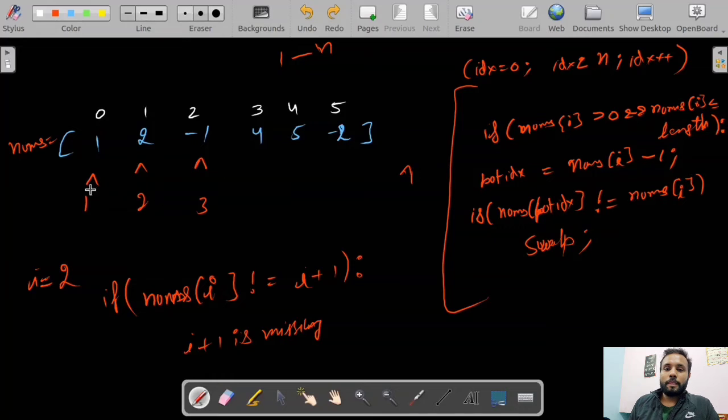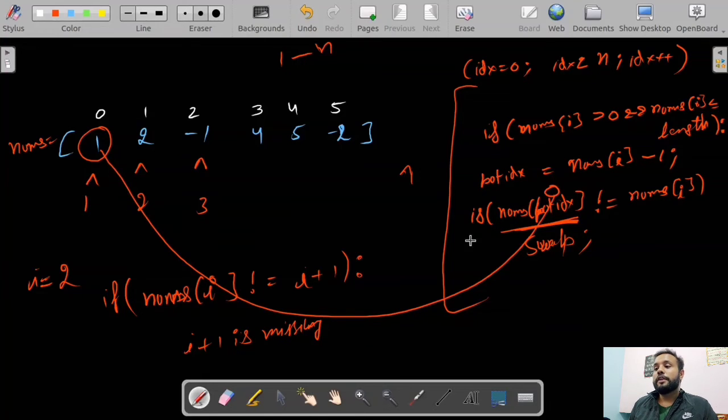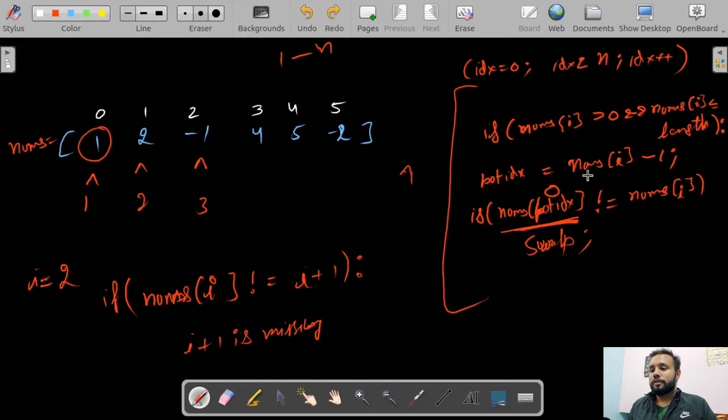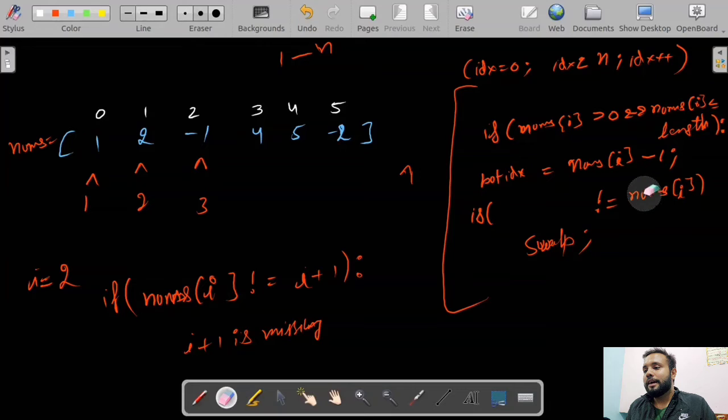We find the potential index for 1, and the potential index for 1 will be 0. So we check whether nums of potential index is not equal to nums of i, meaning we are not talking about the same number. Or we can do it much more easily: if potential index and i are not the same, then only swap it.